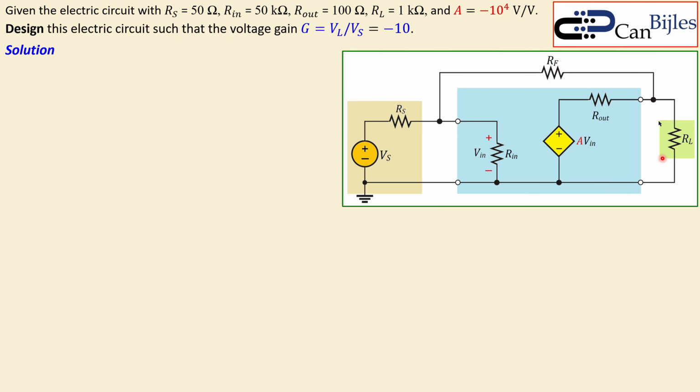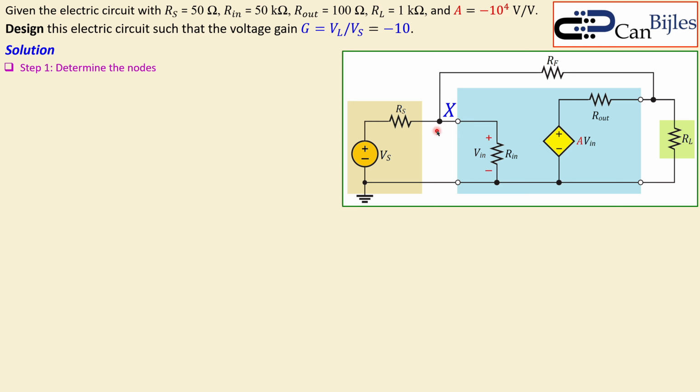So the voltage across these two nodes must be minus 10 times larger than the source voltage. Before we move on with our calculations, we know from circuit analysis that we need to work this out using mesh current analysis, node voltage, or superposition. In this case, I prefer to use node voltage analysis again. So I determine the nodes first.